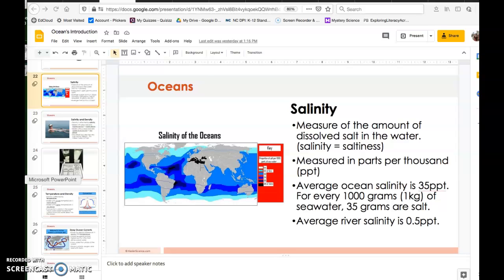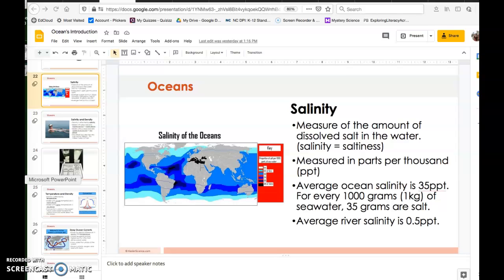The average river salinity, in contrast, is about 0.5 parts per thousand, or if there was 1,000 grams of river water in your cup, about, let me do the math real quick, half of a gram of salt would be in your water, which is a very, very tiny amount.